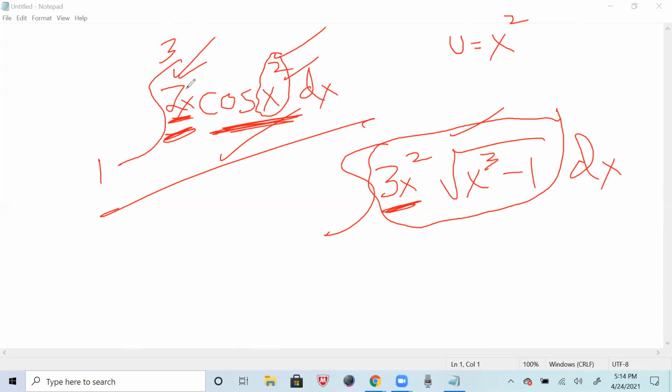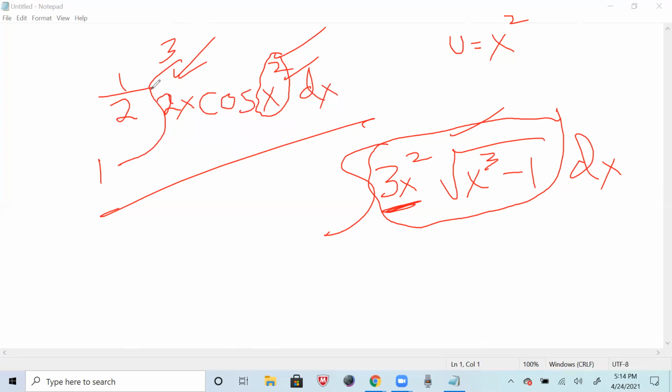Yeah. Now, the reason it doesn't matter if that's 2x, let me just point out something here. Even if that was just x, I'd still use u substitution. And how would I do it? I would take a 2 out and put a half in. Whoops, excuse me. I would put a 2 in and take a half out.